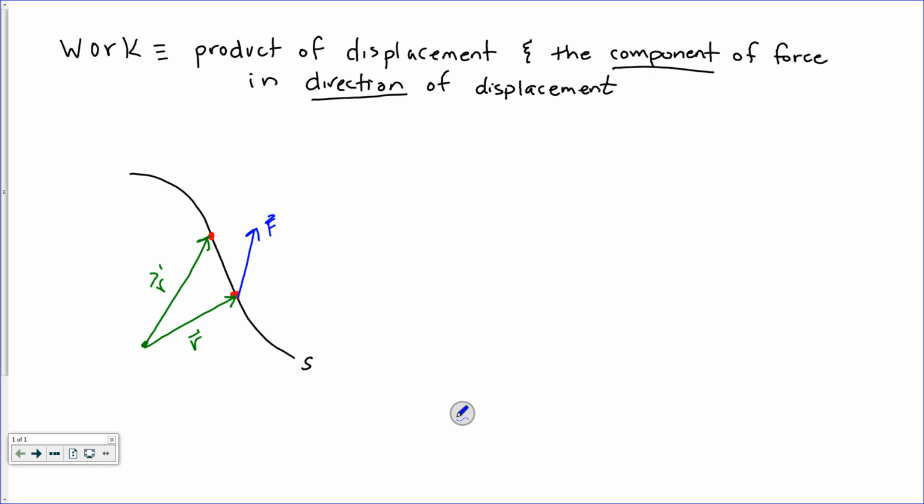It only needs to have a component in that direction. And so that force F might have an angle theta between it and the path that the particle is moving on. Okay? So yes, work is the product of force times distance, but it's only the component of the force along the direction that this object is moving that we're interested in.